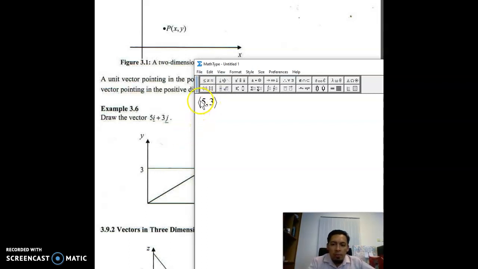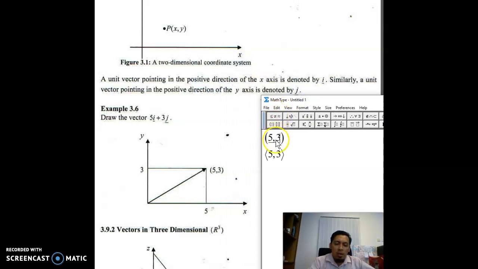So what is the difference between this 5, 3 and this 5, 3? This is the coordinate of 5, 3, where it is located here. Is it possible for 5, 3 to be at another location?